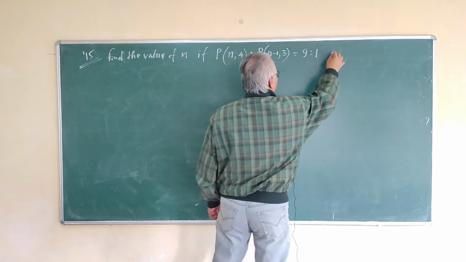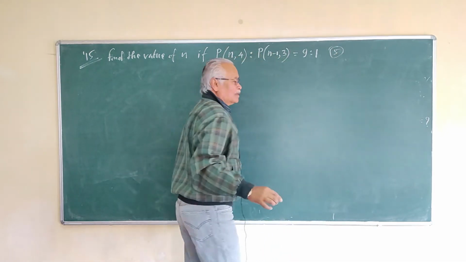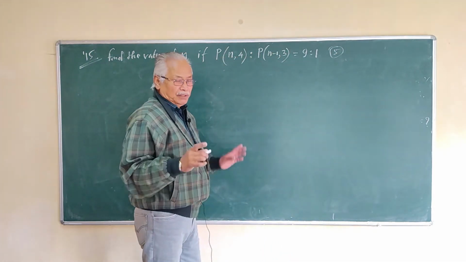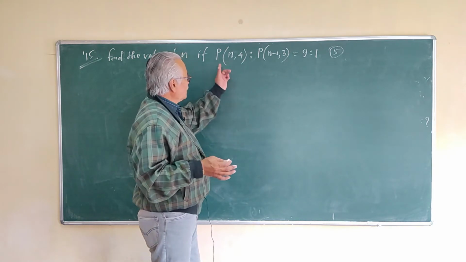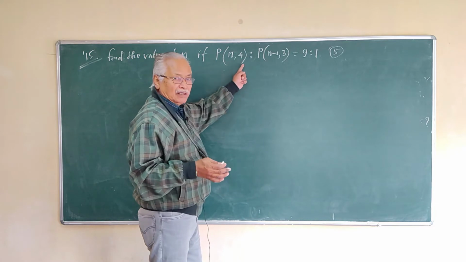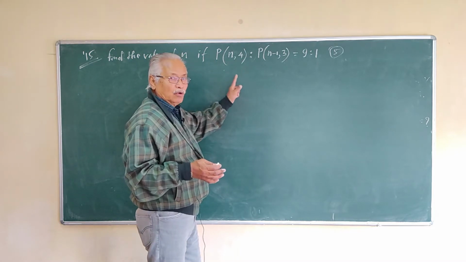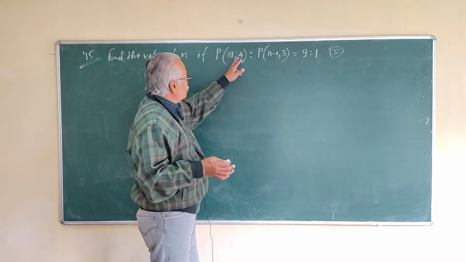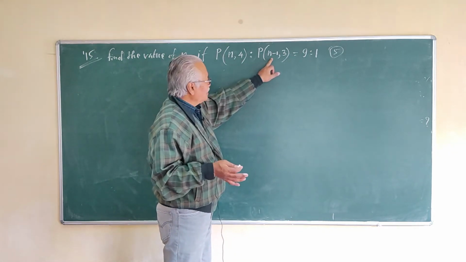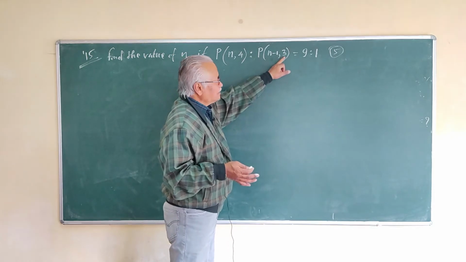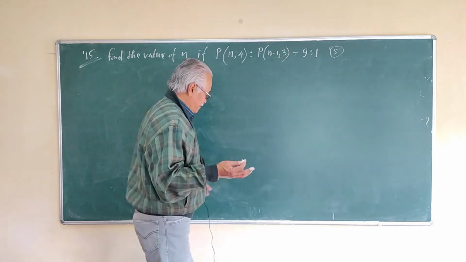And that carries 5 marks, right? So you got to be thorough with the definition of permutation. As you know that if it is P n r, you are going to write n factorial over n minus r factorial. So here there is 4 and there in place of n you've got n minus 1 and in place of r you've got 3. All right.